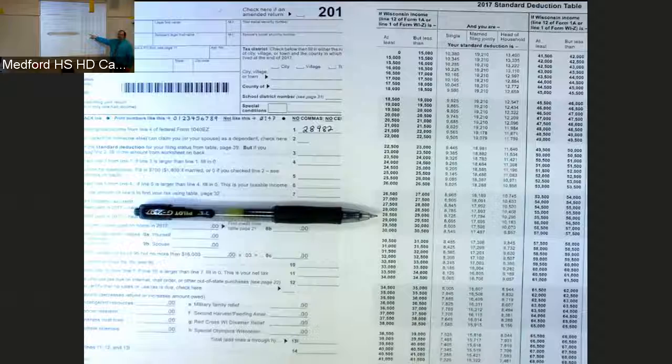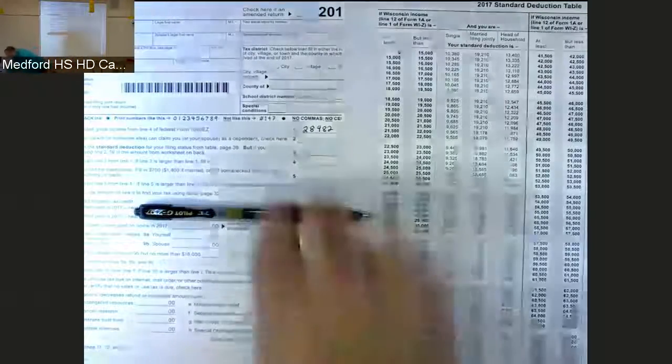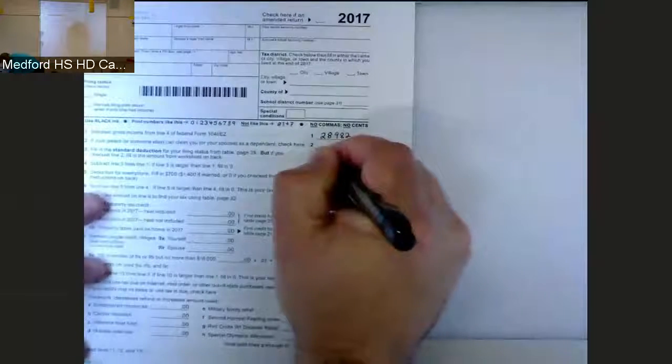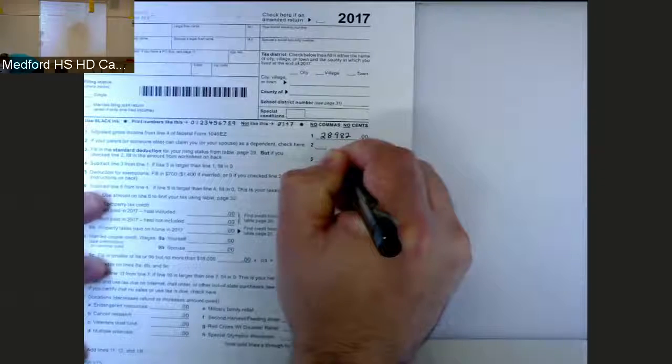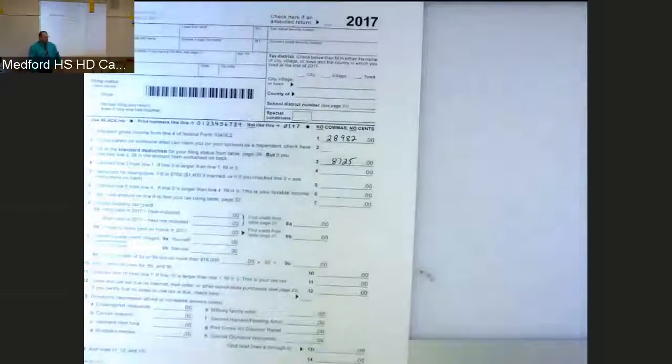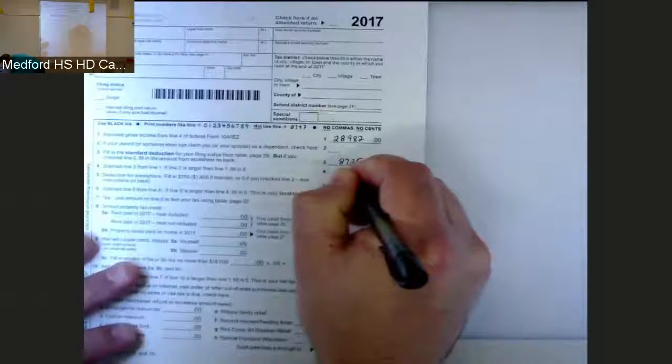Our standard deduction is 87.25. Subtract. $57, okay.